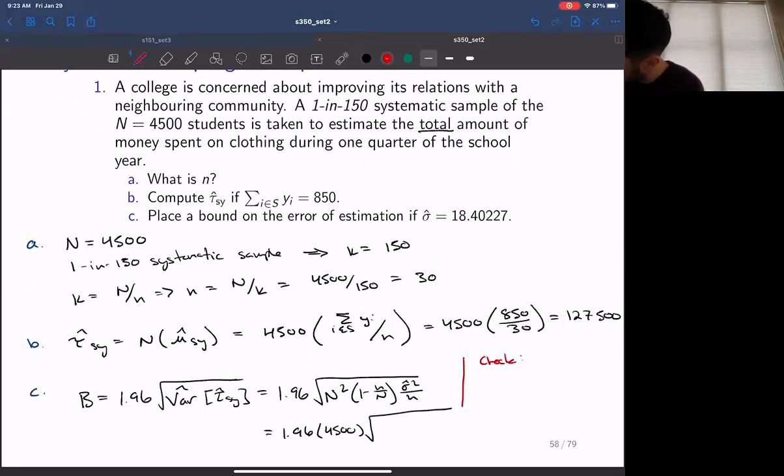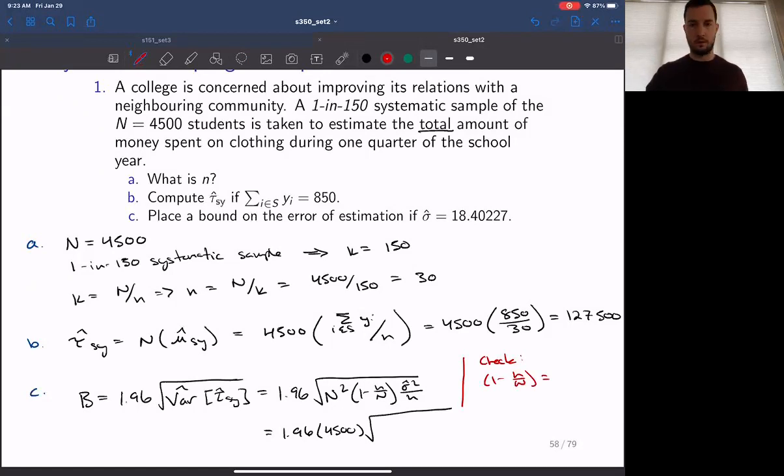we have to check this thing. 1 minus little n over capital N is equal to, should be very small, right? 30 over 4,500. Yeah, it's going to be tiny, 1 in 150.